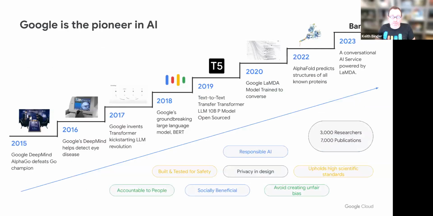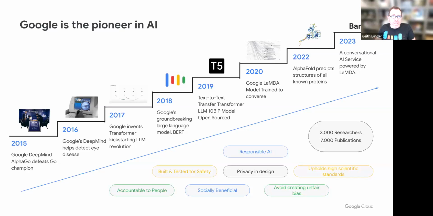And to expand upon machine learning, one of the topics that everyone has on their mind is this notion of large language models. And I think it's important to understand that Google has been at the forefront of large language models, generative AI, since the beginning.